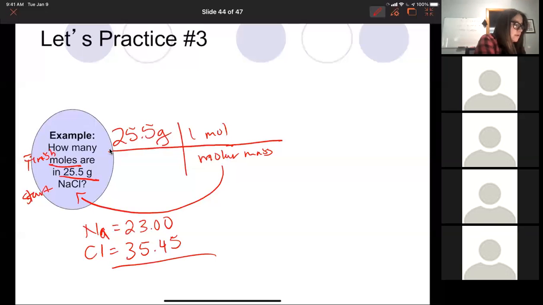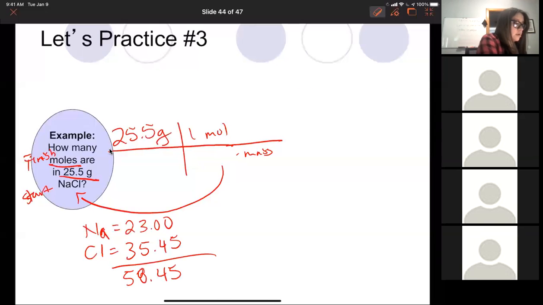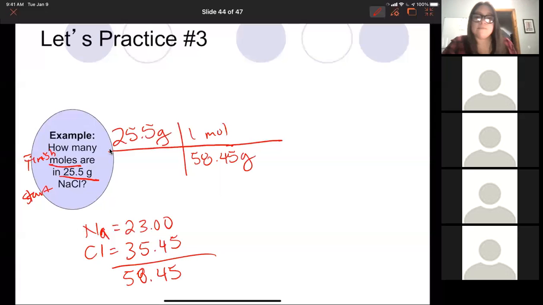Together, 58.45 grams. Grams crosses out.